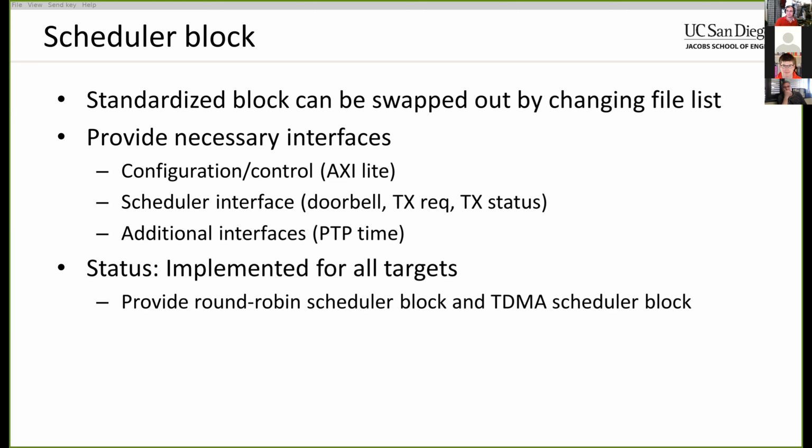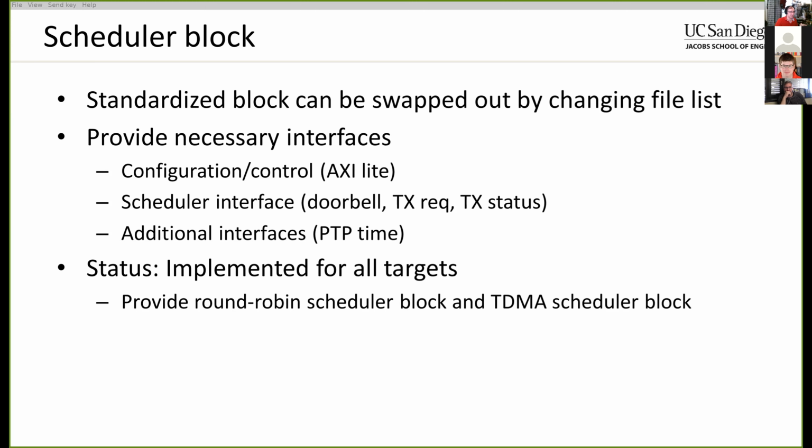So it's very simple. If you wanted to make a custom scheduler, you just make a copy of the existing round robin scheduler, delete the logic, and then implement your own thing. This provides the necessary interfaces for that. There's a configuration and control interface over AXI Lite. There's also a register interface that I didn't put on this slide, which uses the register interface I just talked about for implementing a couple of control registers.